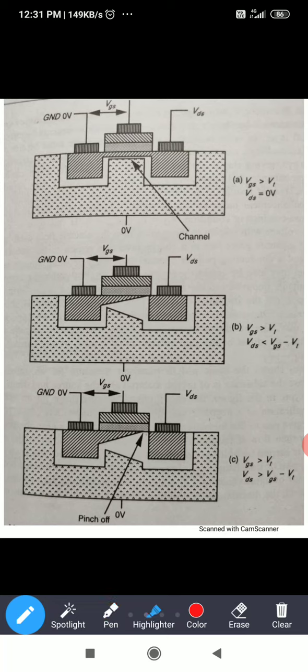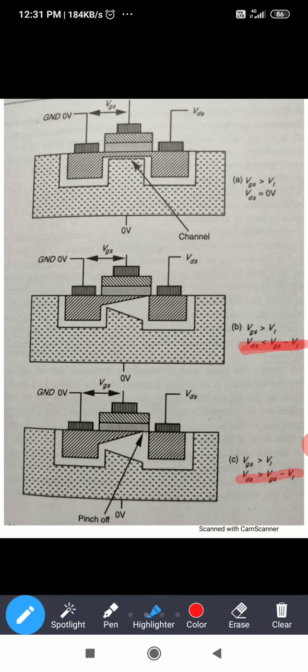Here it should satisfy these two conditions, this one and this one. Then only the current will flow in the output, that is drain current. Here just the device is on, very small amount of current will flow, that is negligible.